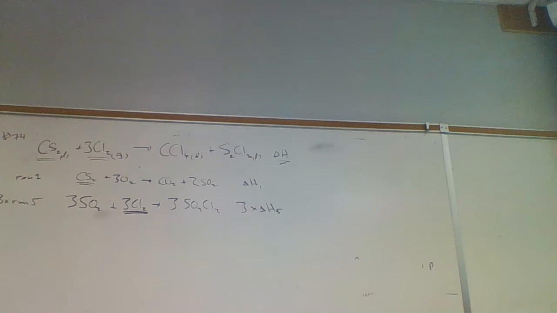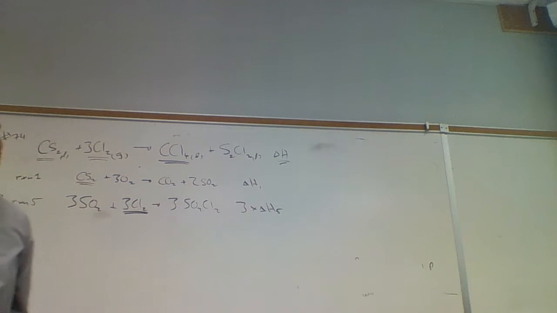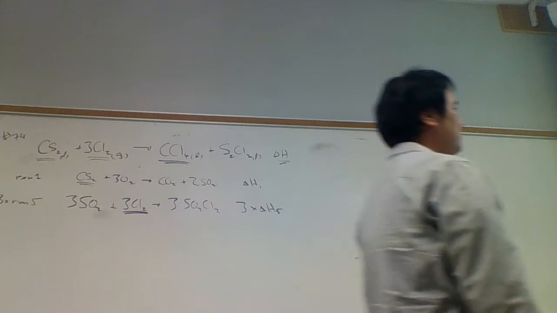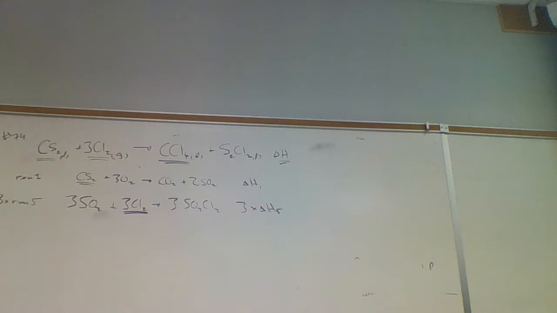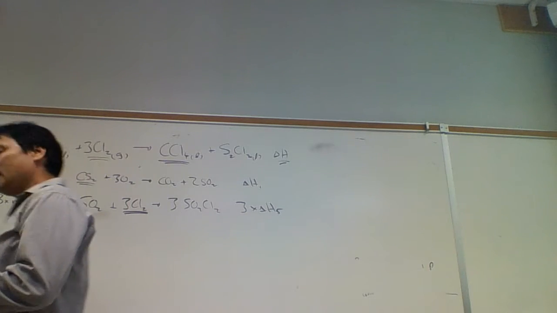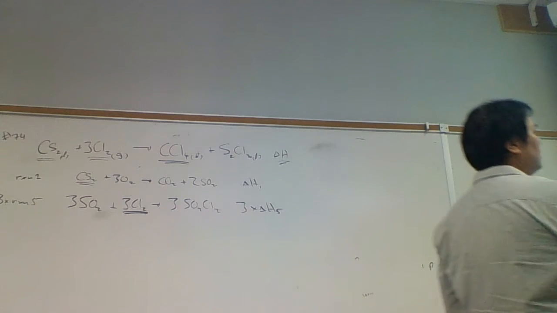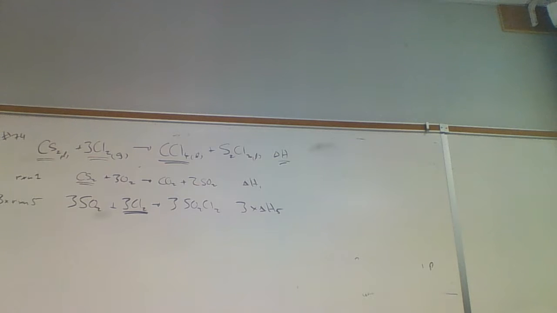All right. And then we'll go on to CCl4. I want CCl4. I use the bottom one. This is what, reaction 7? Mm-hmm. So let's go ahead and use that one. But I actually have a choice, because do you see, I could use the bottom one here, or I could use this one and just reverse it.